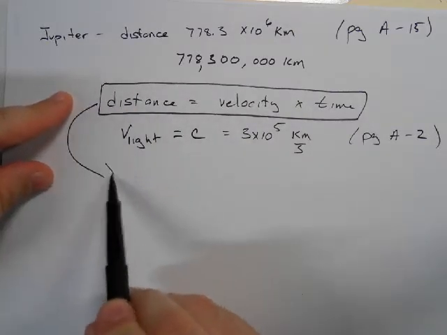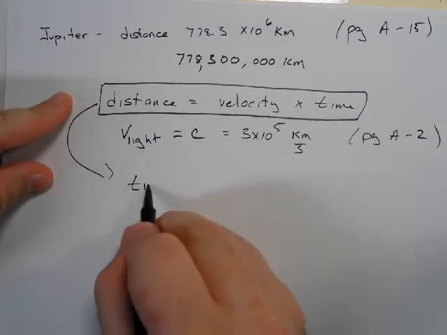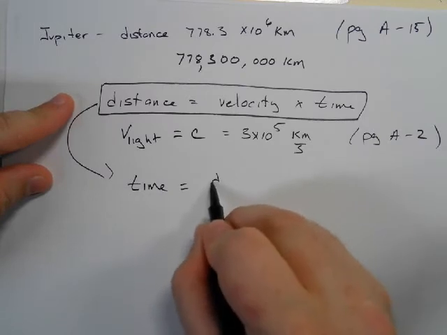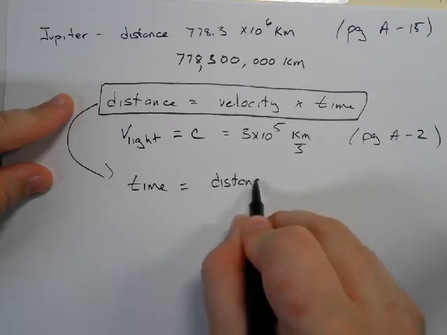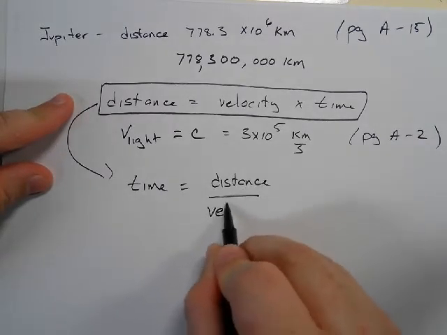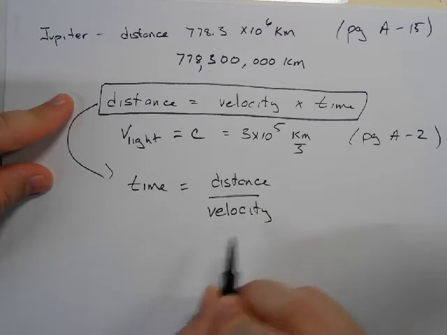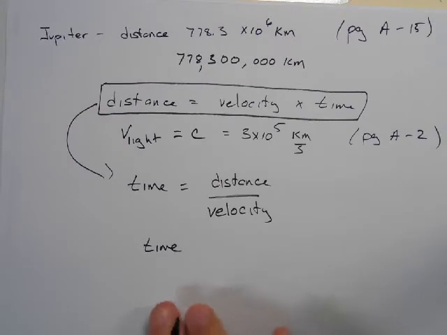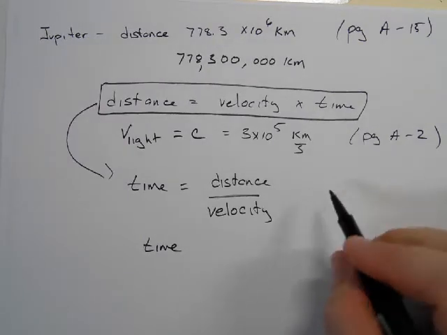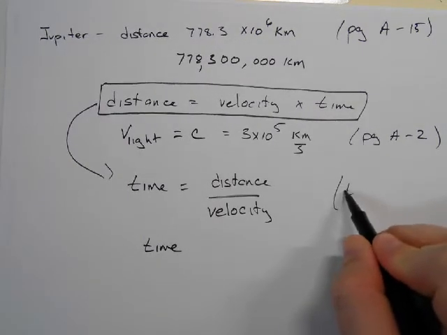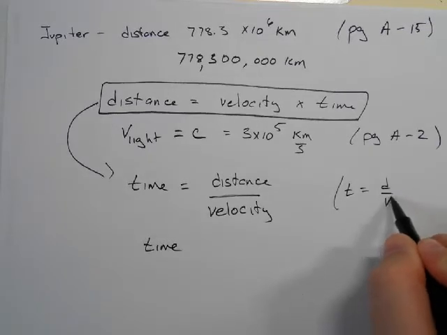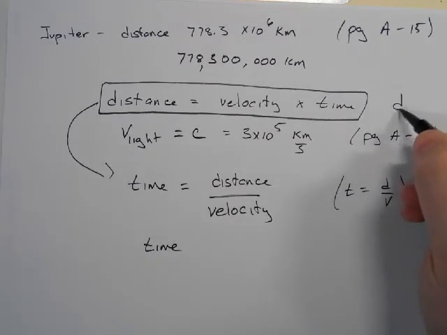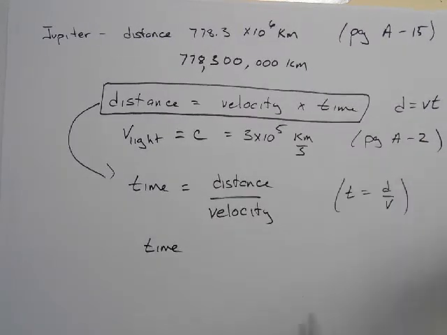We can say that time is distance divided by velocity. I'm doing these all longhand, not putting in symbols, but if you saw this in symbols, it'd be T is D over V, and up here it'd be D is VT.